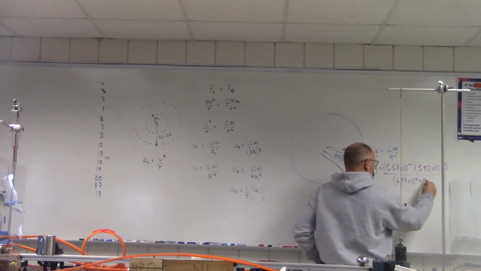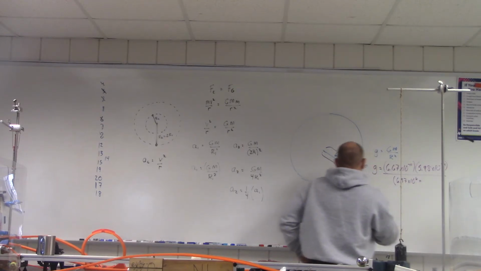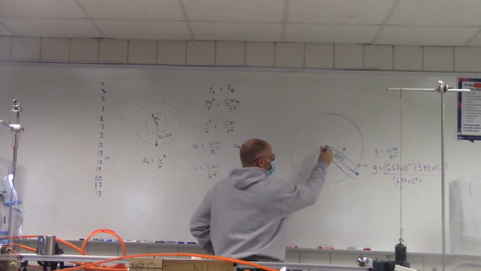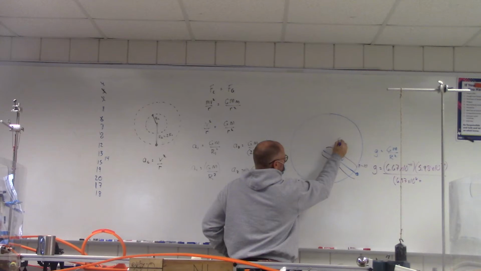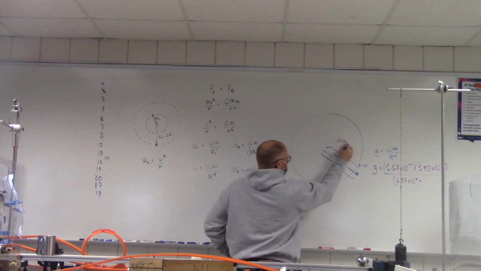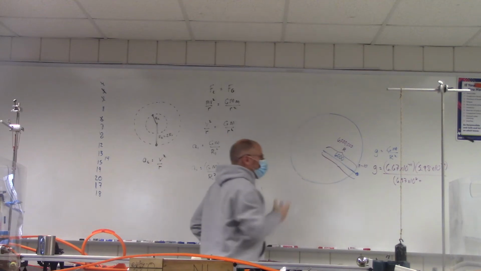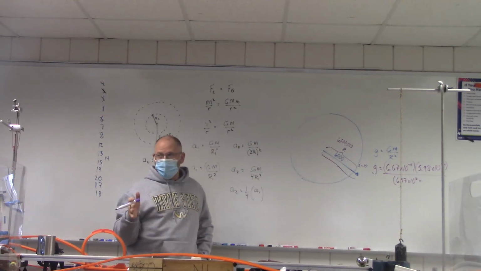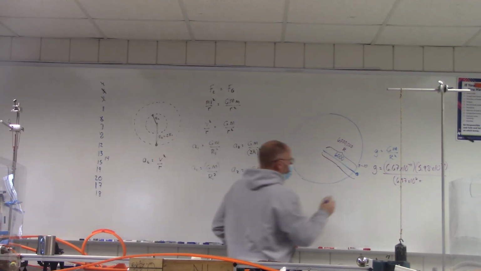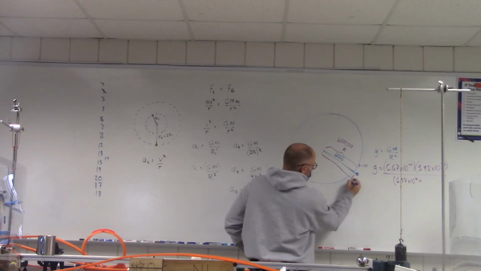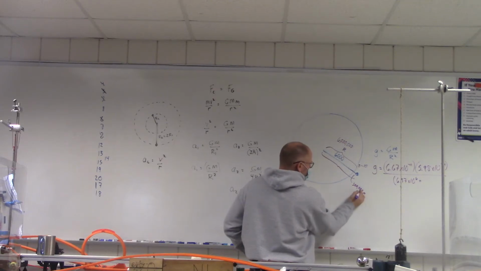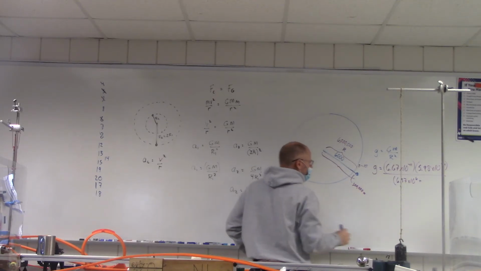plus, now, here's the deal. It said that this radius here is 6,000 kilometers, so they're talking about 6 million meters. They're saying this distance right here is 300 kilometers. 300,000 meters.